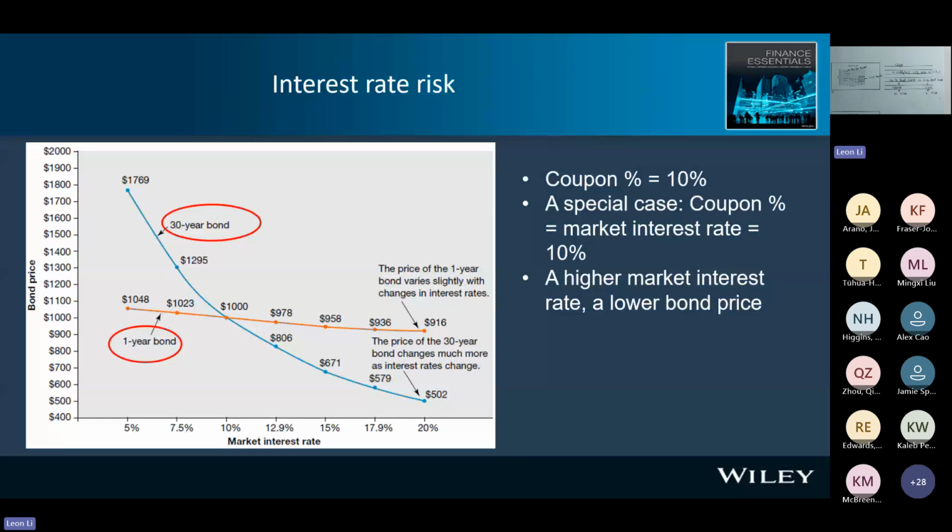Long-term bond, the curve is steep, higher interest rate risk, right? The 1-year bond, the curve is flat, lower interest rate risk, right? So if you think, for example, right now, if you think the interest rate risk is an issue, you can, the market right now is very unstable.